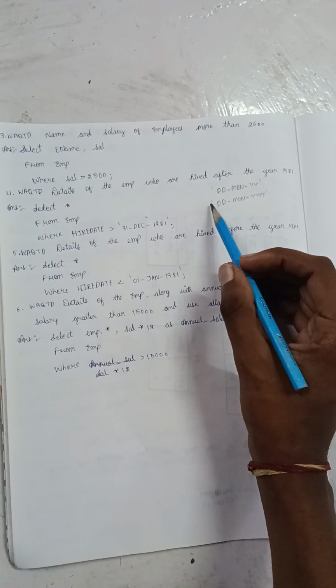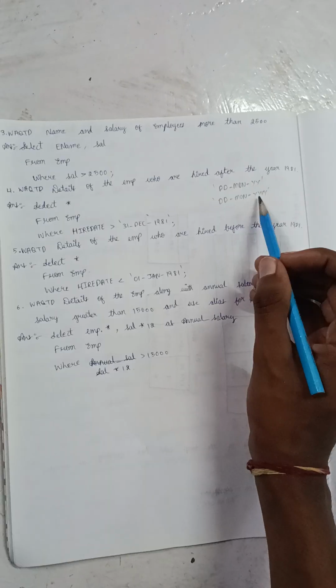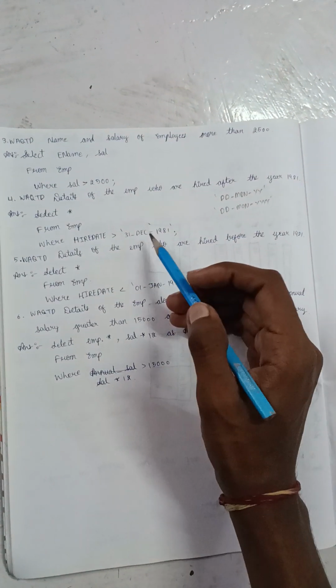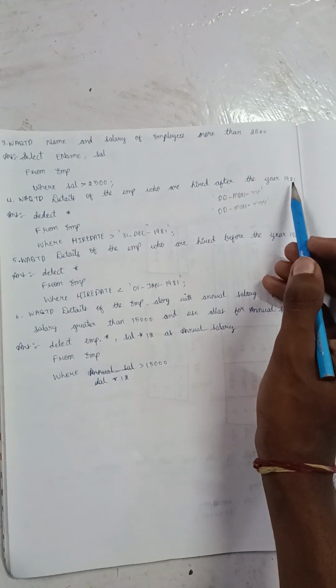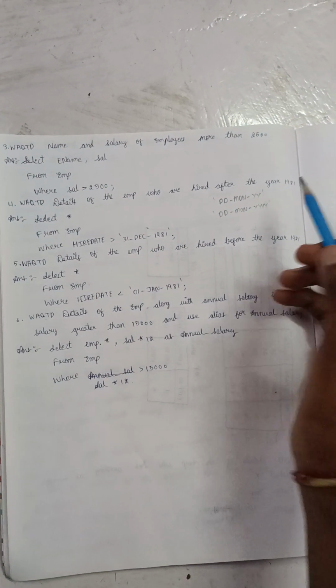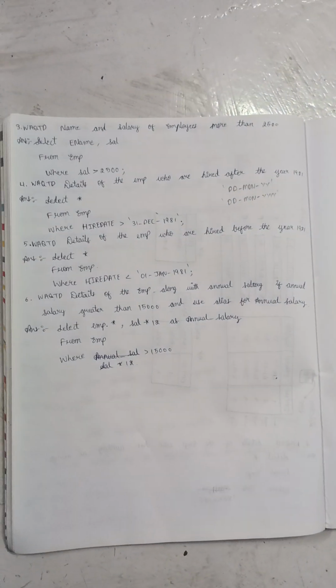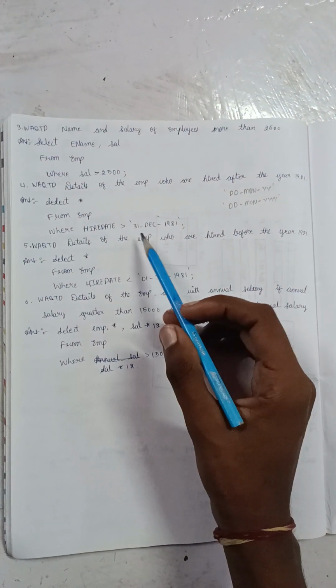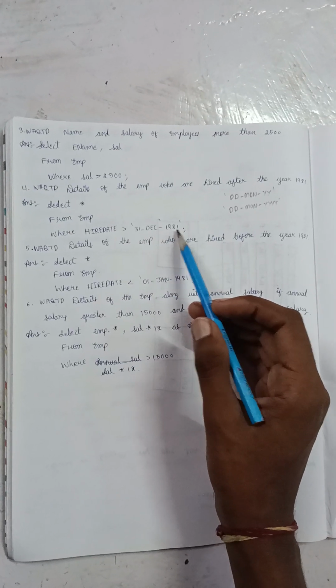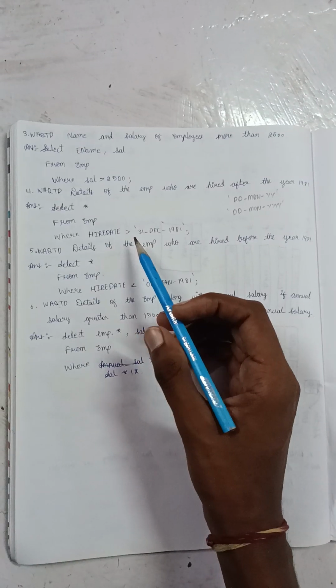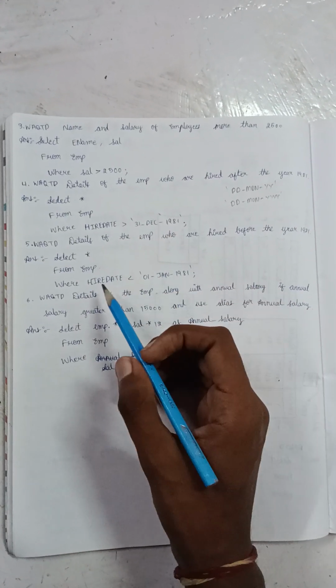So we have to represent it with single quotes. Because we want after the year 1981, the last date of 1981 is 31 December 1981. After that we can have the employees who are hired.